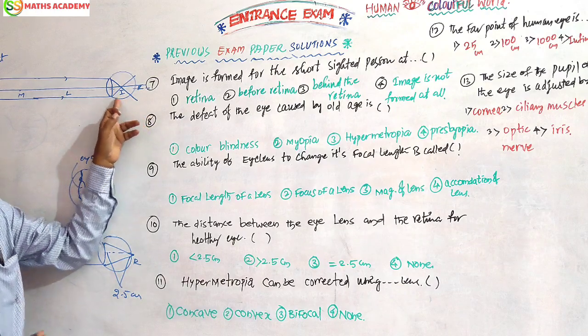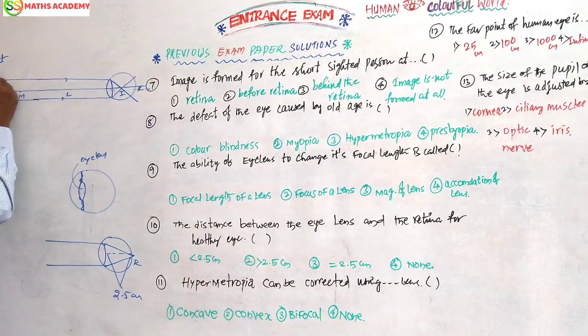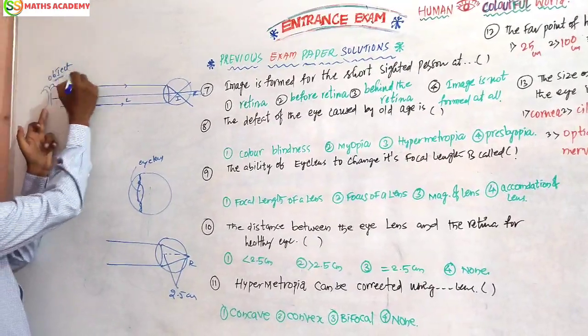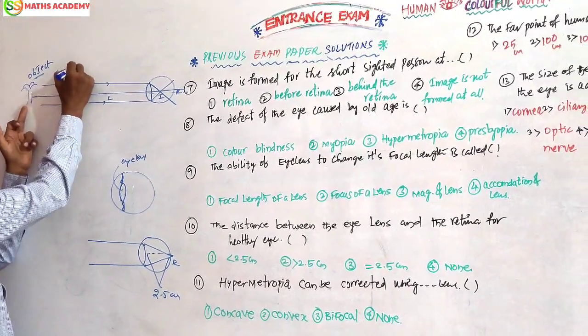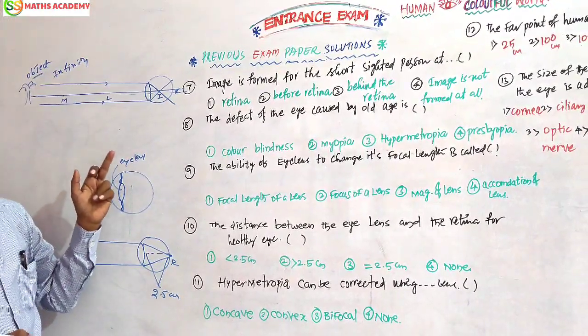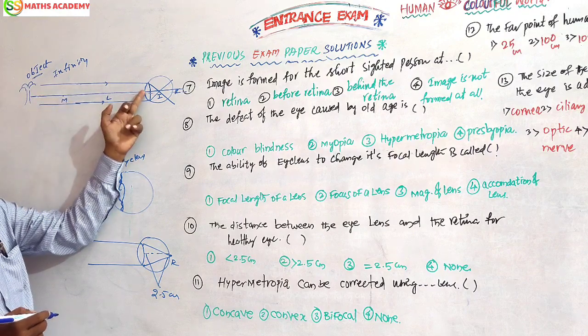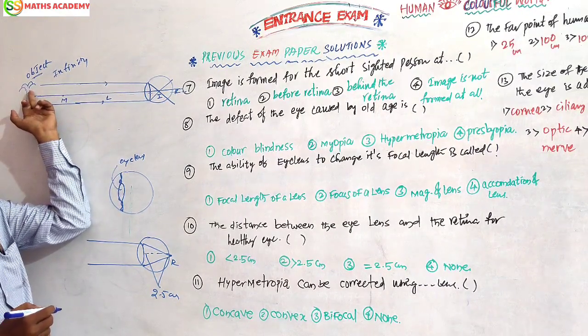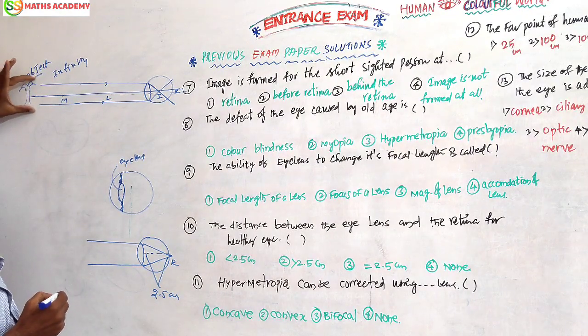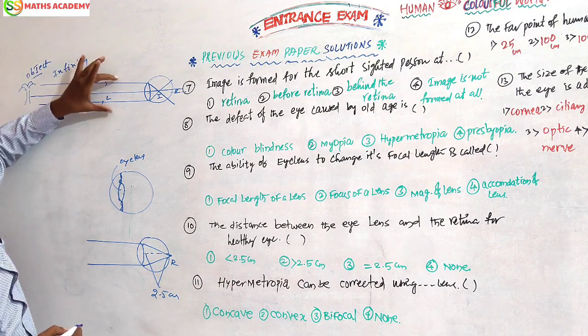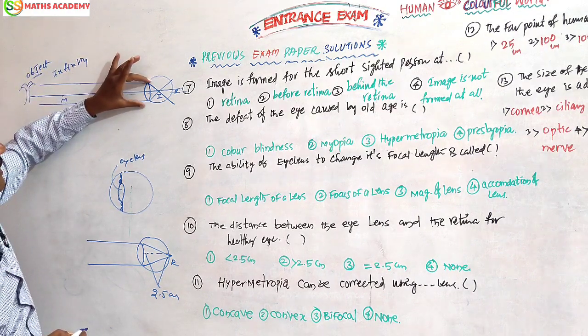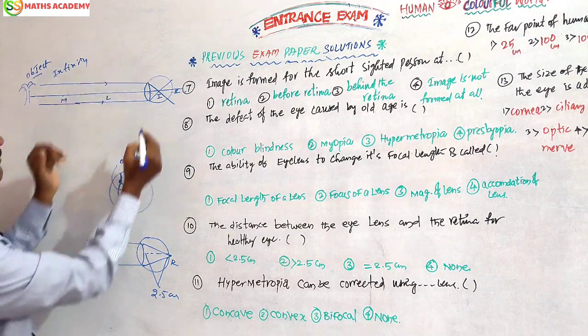You take this diagram, you see the tree, suppose the tree is the object. The object is at infinity distance. Suppose you take a tree, it is at infinite distance, very long distance. The light rays are coming from the tree and those are refracting through the eye lens. Then what happened?